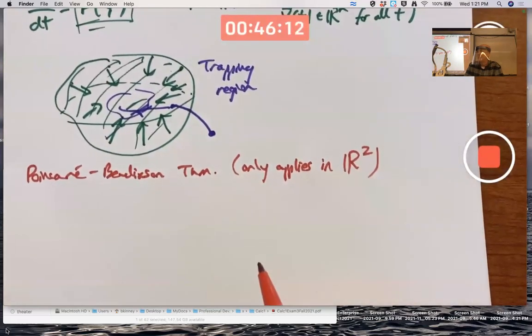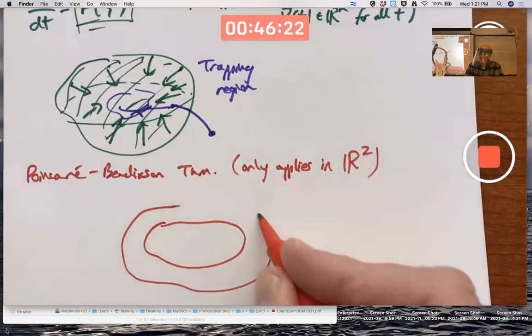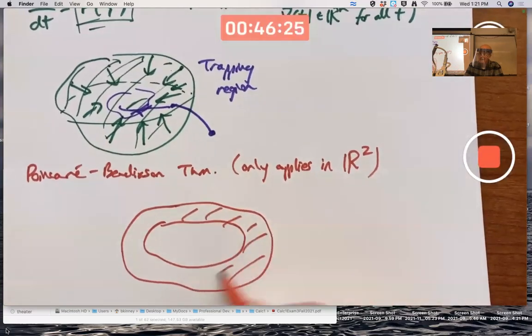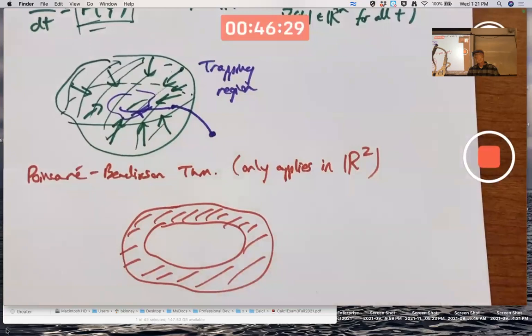And if you were going to have a trapping region that had no equilibrium points inside of it, it actually would have to be a trapping region that's shaped something like this. It would have to have an inner boundary and an outer boundary. If it only had an outer boundary, it turns out it would have to have equilibrium points inside, at least one.